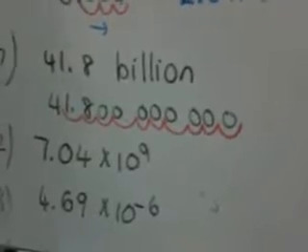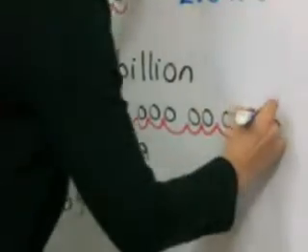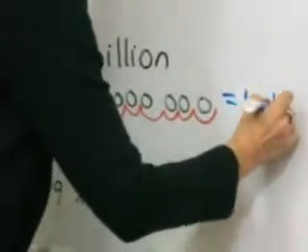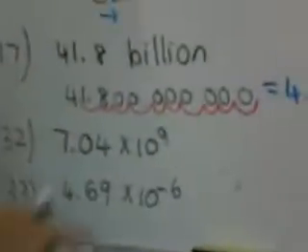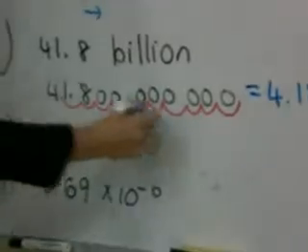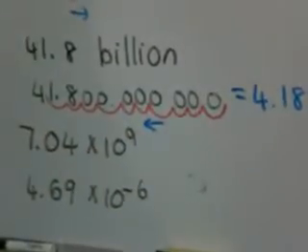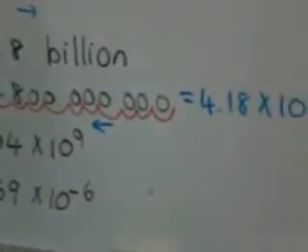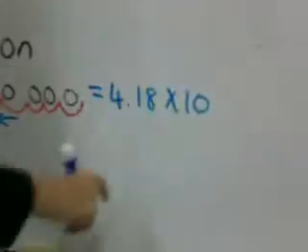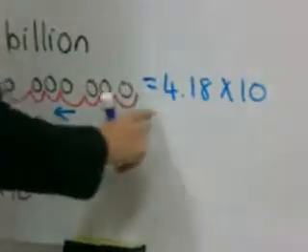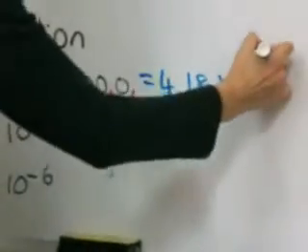So this becomes 4.18 times 10. Now because I counted to the left, I went this direction, and it is also a very large number, this is going to be positive. Okay, so here, how many did I count? Nine.